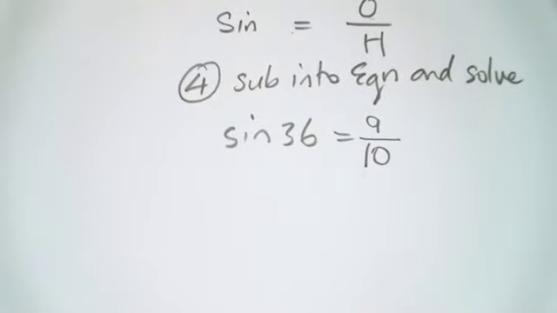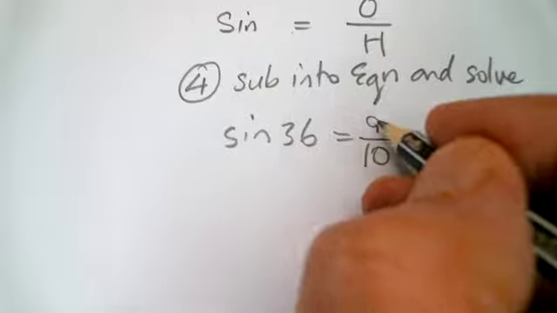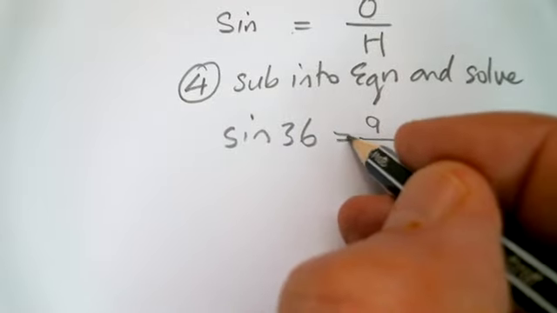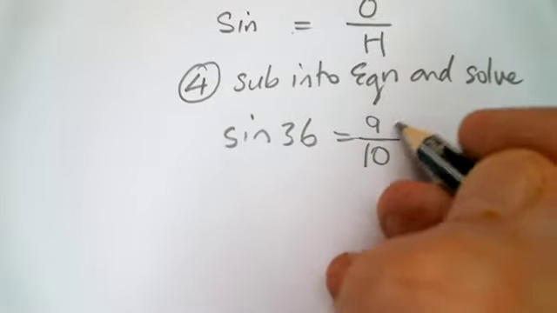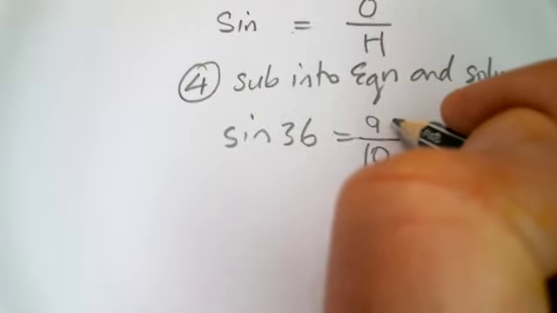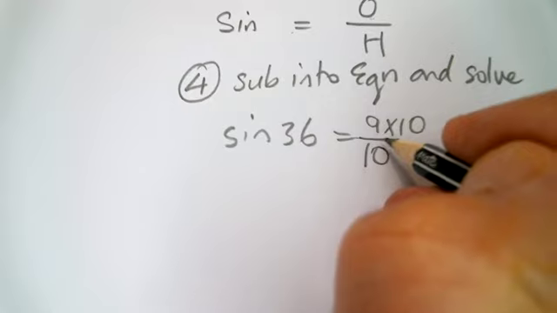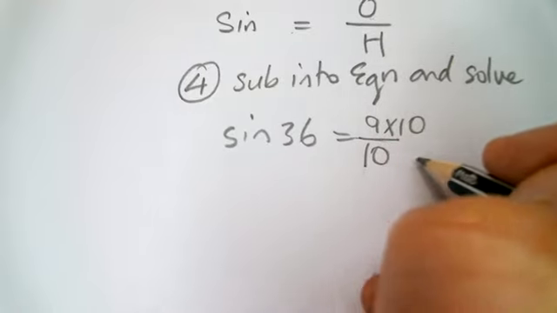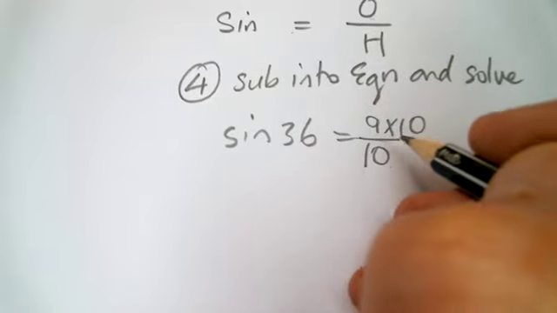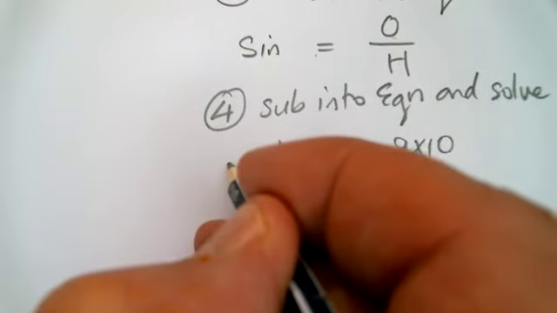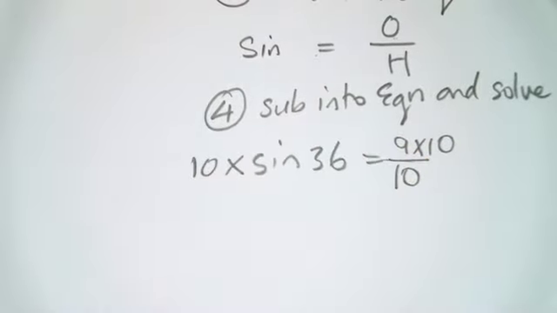Now to solve this, I need to get A on its own, so I need to undo this divide by 10. So how do I undo a divide by 10? Well, I multiply by 10. So I write times 10 on the top, not on the bottom. If I wrote it on the bottom, I'm actually dividing by 10. So I write times 10 on the top, and again on the top over here, times 10.